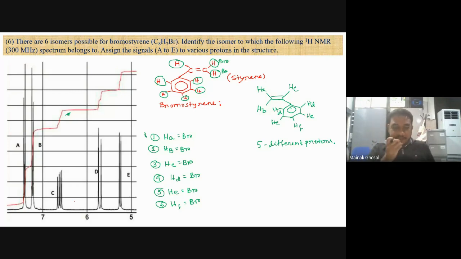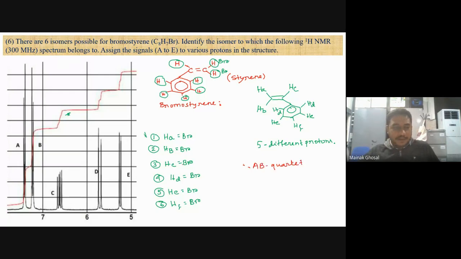Now in the aromatic region, what is the aromatic region? Above 7, right? In this aromatic region, what you can see is just a doublet and doublet, which you can say is an AB quartet kind of thing.